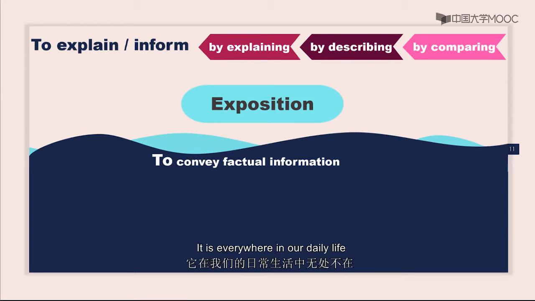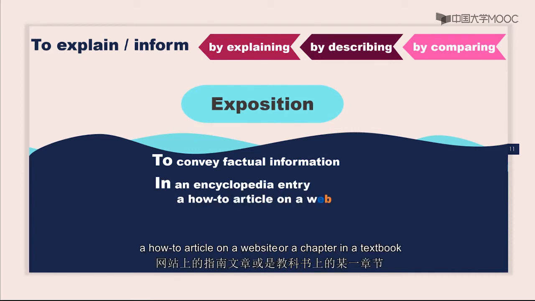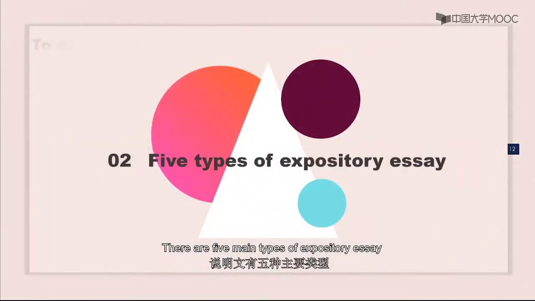It is everywhere in our daily life, not just academic settings. If you've ever read an encyclopedia entry, a how-to article on a website, or a chapter in a textbook, then you've encountered examples of expository writing. There are 5 main types of expository essay.